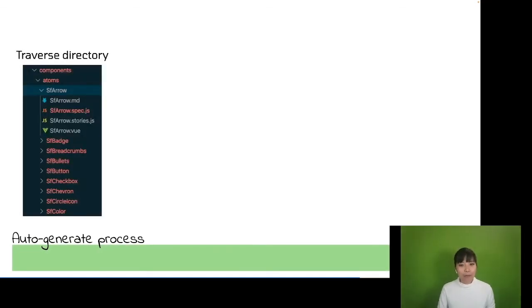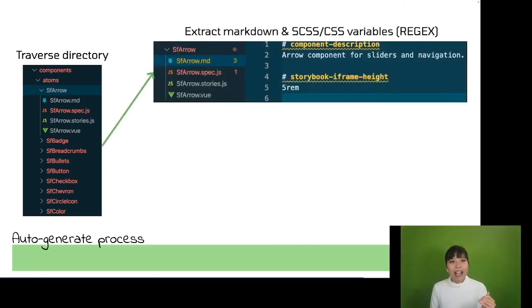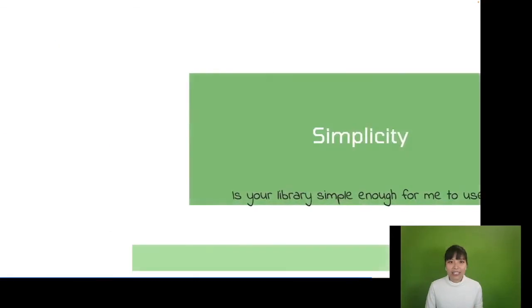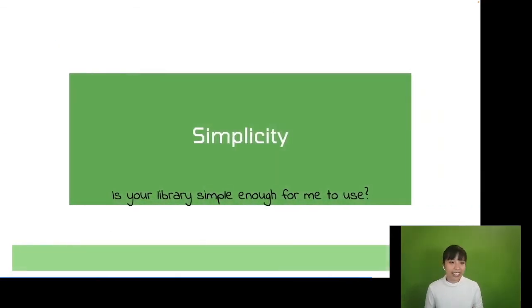So one of our team members, Eddie, built a process to auto-generate it by going through the directory and extracting all the markdown and all the CSS variables using regex, and then filling in the placeholders in the templates for the related documents, and then generating them. And that's it. We have the documentation taken care of.